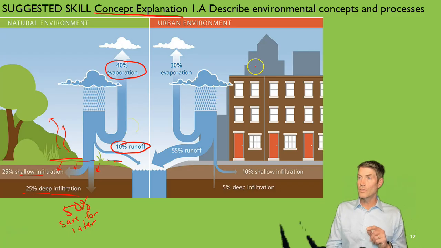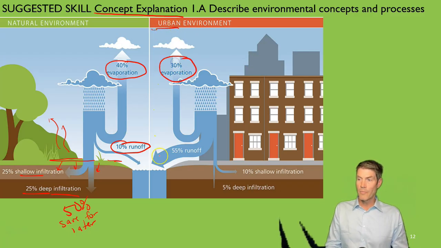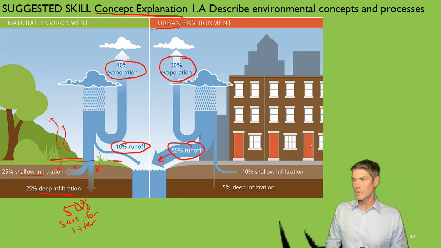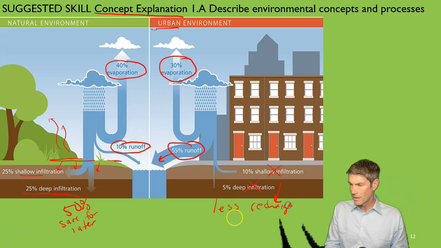Now compare that to an urban environment. Right away, you have a lot less evaporation, because over half of it goes right into the rivers and the streams near the city. You don't have very much infiltration. You have a lot less recharge of groundwater supplies, which we rely on a lot here in Long Beach.